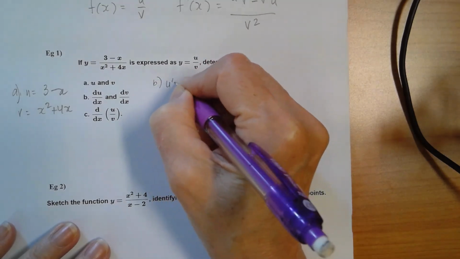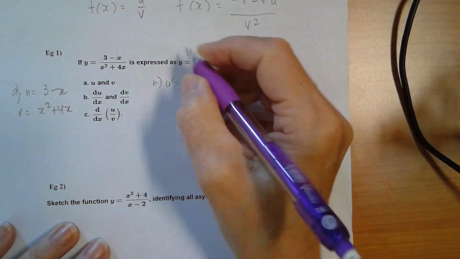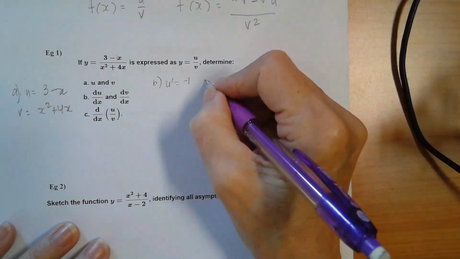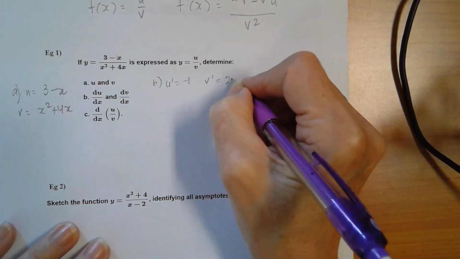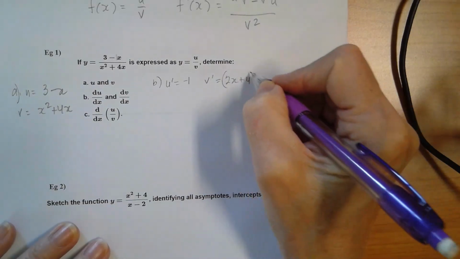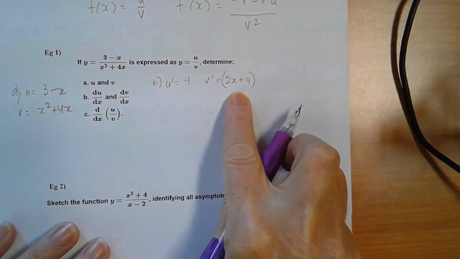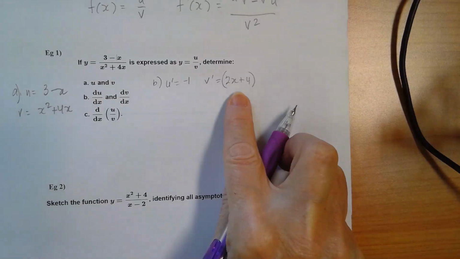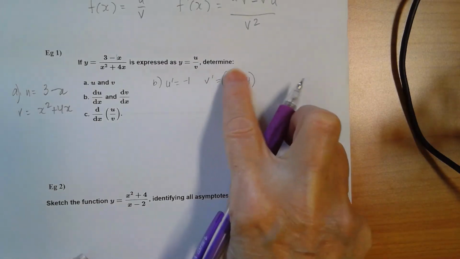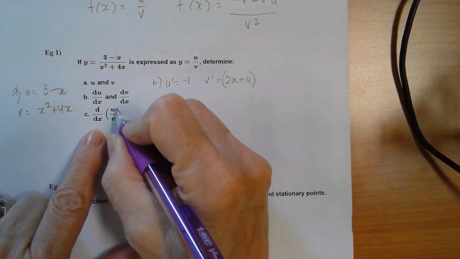So u dash, the derivative of that is negative 1, and the derivative of v is 2x plus 4. Right away you should think of these things in brackets, definitely that one, because it's coming as a sum altogether, so when I'm multiplying by this whole thing. It asks me to find d dx of u over v.